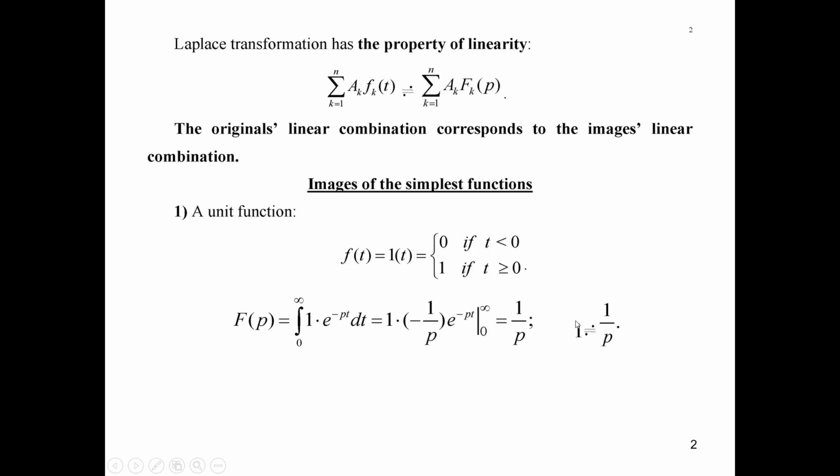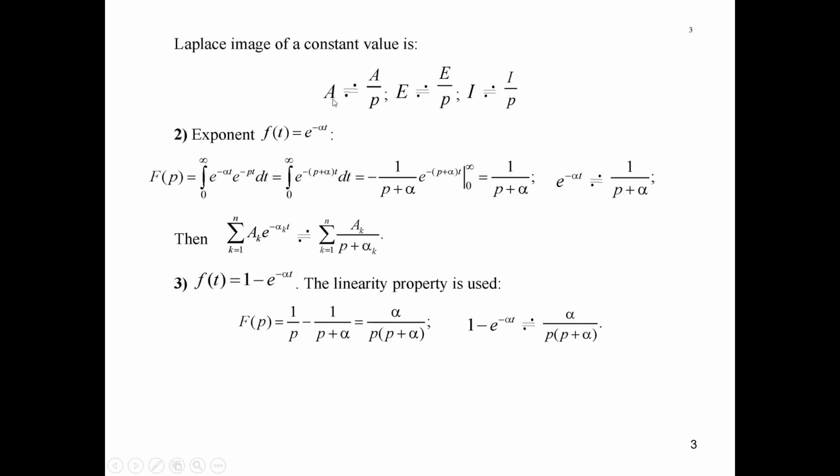Therefore, the image of this unit function 1, it's better to write down, is equal to 1 over p. So if we have a constant, for instance a, we can write down that the image of the constant a is this a multiplied by the unit function, and therefore its Laplace image is equal to a, this coefficient, over p.